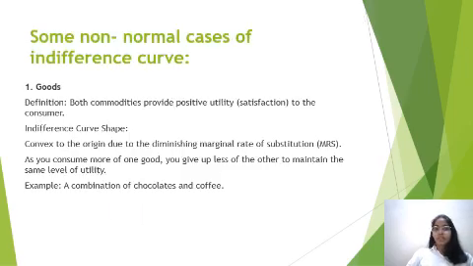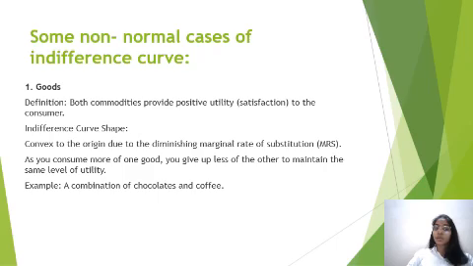So these are some non-normal cases of indifference curves. The first one is goods. The definition is that both commodities provide positive utility or satisfaction to the consumer. The indifference curve is convex to the origin due to the diminishing marginal rate of substitution.